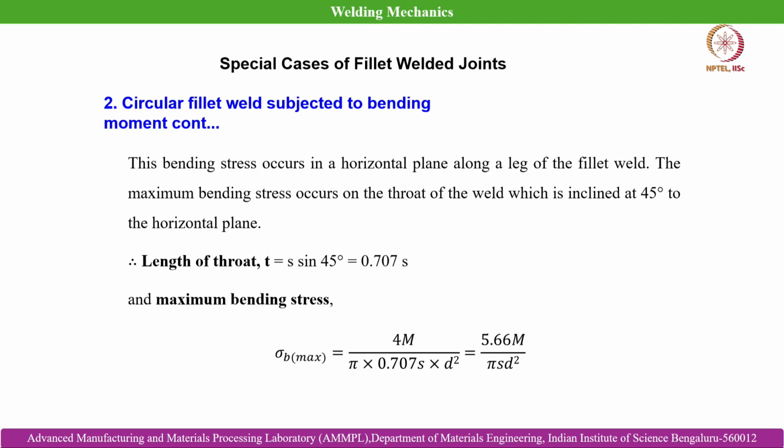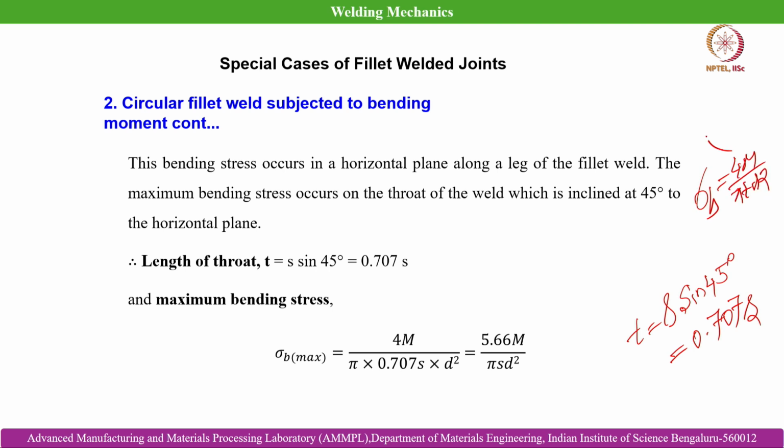Now this bending stress occurs in a horizontal plane along a leg of the fillet weld. So the maximum bending stress occurs on the throat of the weld, which is inclined at 45 degrees. We know how to evaluate the thickness of the throat, as we have done several times earlier. So s sin 45 degrees, s is the leg size of the weld, that means it is 0.707 s, that is the throat thickness, as we have evaluated earlier, so sigma b is equal to 4 M by pi t d square.